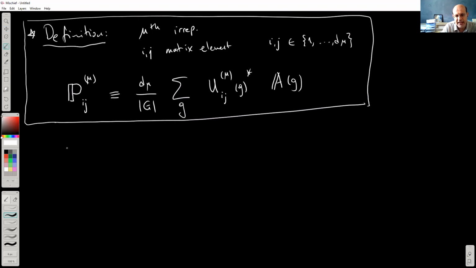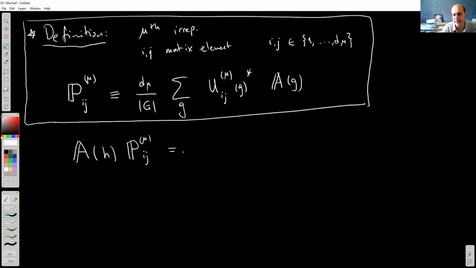In any case, what happens here is this: if I multiply these two operators, so this is just a representation matrix A of H, let's say, with P^mu_ij. I don't want to do the calculation here.